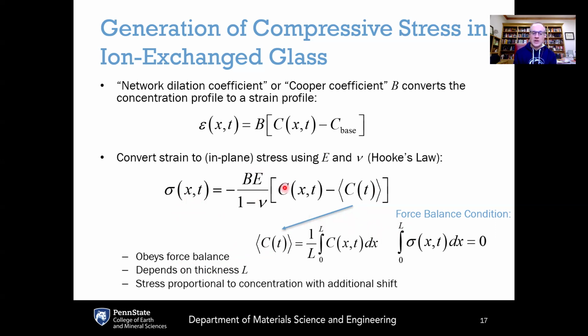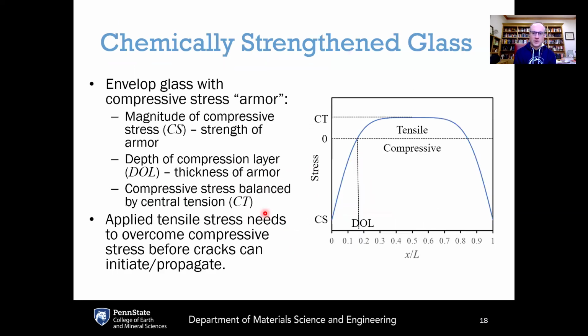And this equation is also telling us that the stress profile here, sigma, is proportional to the concentration profile C with an additional shift. So it's just shifted by this average compressive stress, and then the proportionality constant between the concentration and the stress relates to the Cooper coefficient B, the Young's modulus E, and then 1 minus the Poisson's ratio nu.